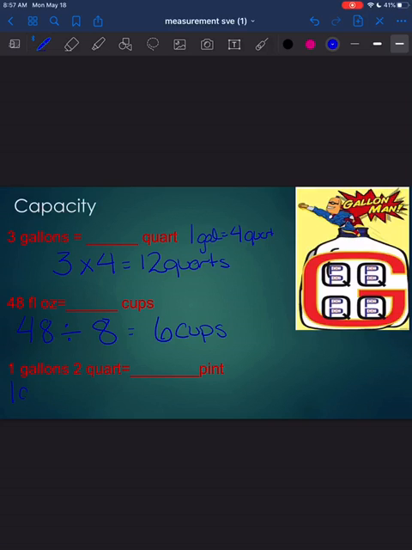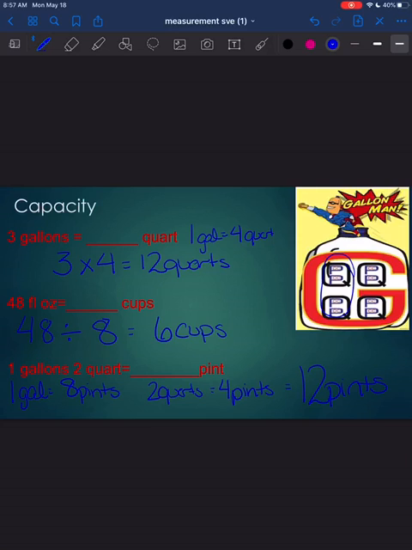So 1 gallon is equal to 8 pints. And then 2 quarts is equal to 4 pints. So altogether, I would have 12 pints of liquid.